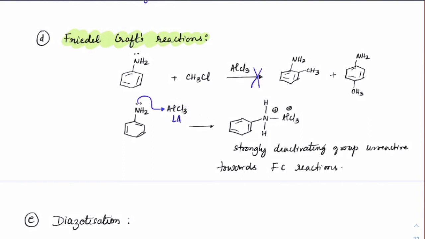So the lone pair will attack the empty orbitals of AlCl3 and form this complex, which is now a strongly deactivating group. Since it is deactivating, further reaction with CH3Cl will not proceed. So we won't see any Friedel-Crafts reactions with anilines.